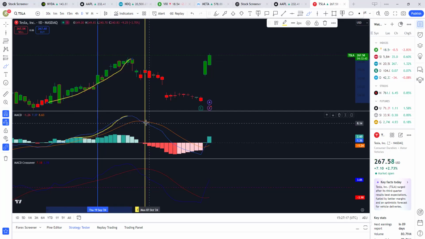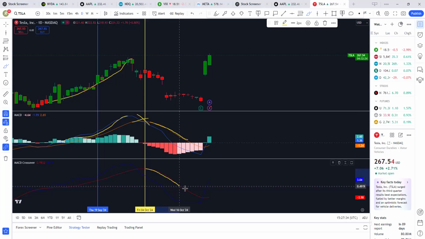Down there, now the signal line back there is crossover. That's why we got the orange line over, and now the MACD crossing over is there, and you got now bearish.